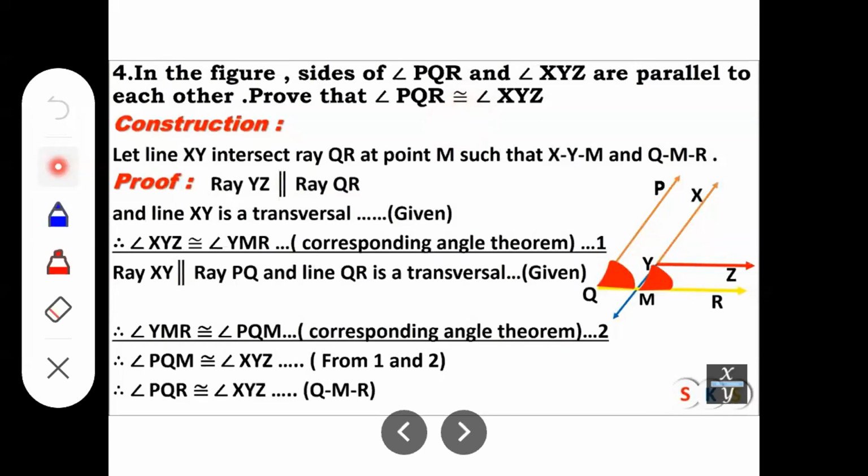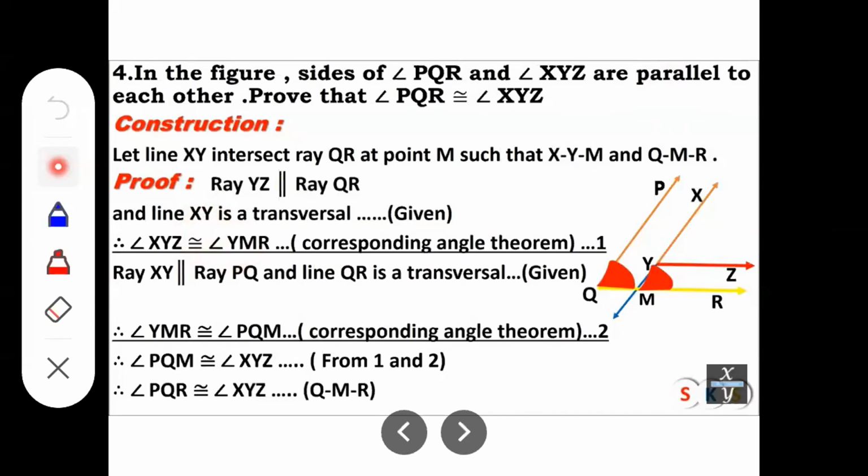So it's easy to write the solution. Just recall the properties. Now see here, ray YZ is parallel to ray QR. The base rays, ray YZ and ray QR, are given parallel in the example. And for that, line XY is a transversal.